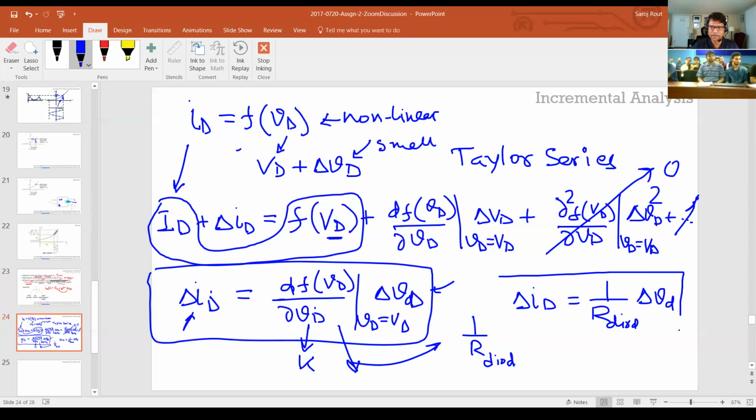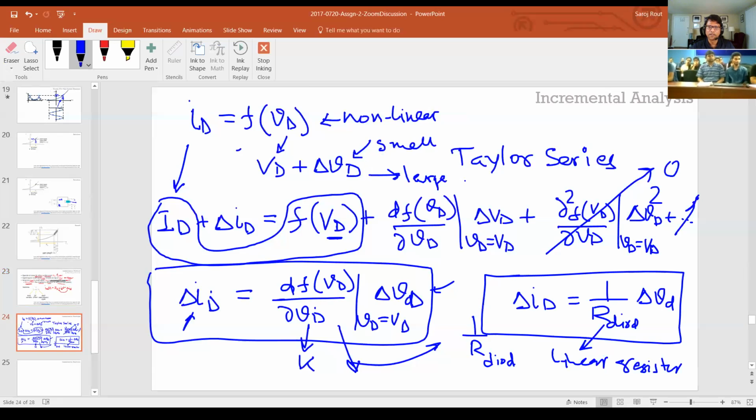So what it has done is converted that nonlinear element in that region into just an equivalent linear resistor. And that's the beauty of the small signal. But as I said, you have to be very careful when you're analyzing it, because if this VD becomes large, then obviously this approximation is not valid anymore, right?